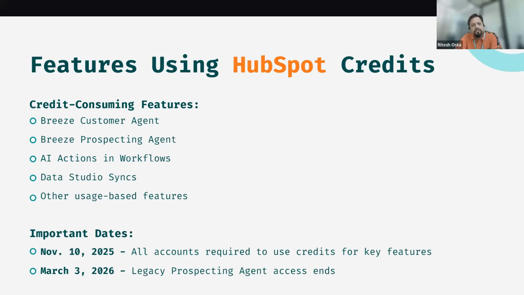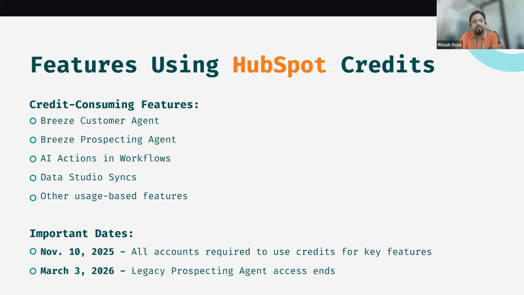Data Studio syncs, and other usage-based features, for example, enrichment of website visitors. If there are companies visiting your website and you want to enrich those companies, that means you want to download those companies and add them into your account module, then you'll have to buy credit.